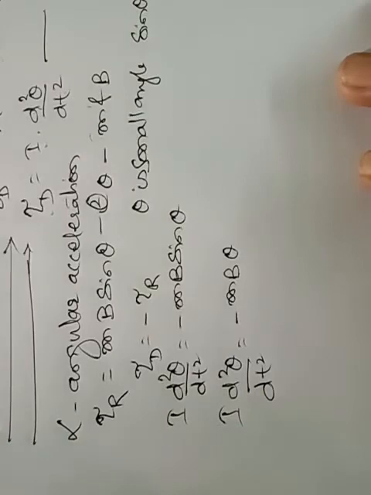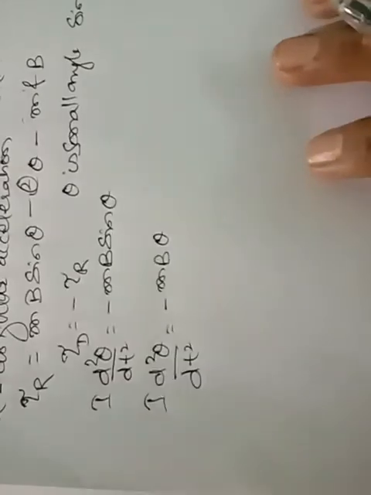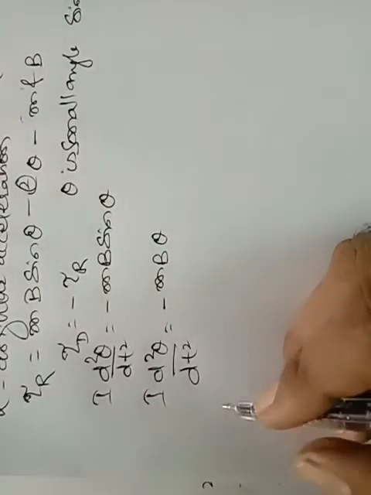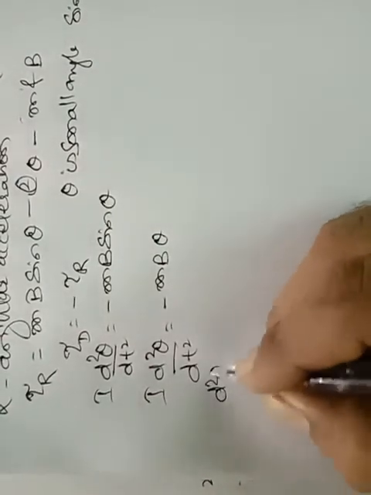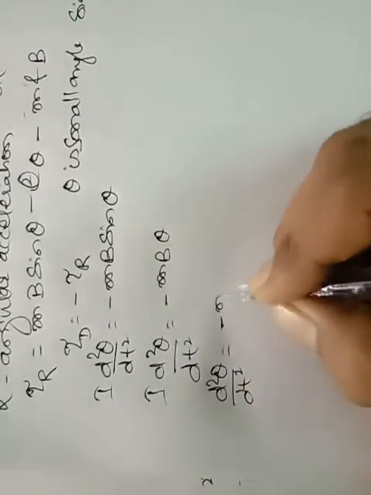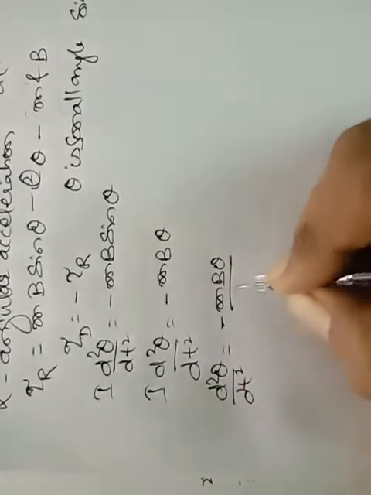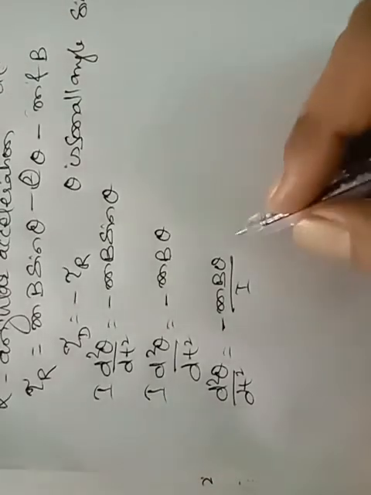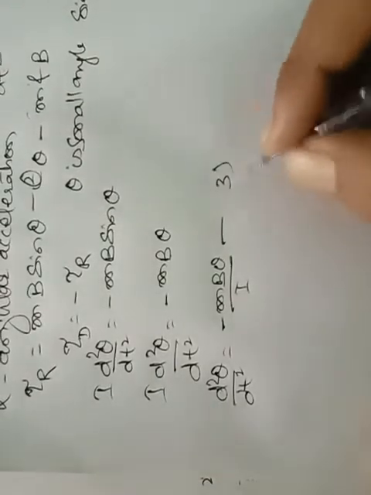Our purpose is to calculate the time period. So for this, we send this term to the second side: d square theta by dt square is equal to minus mB theta by I. We give this as equation number 3.